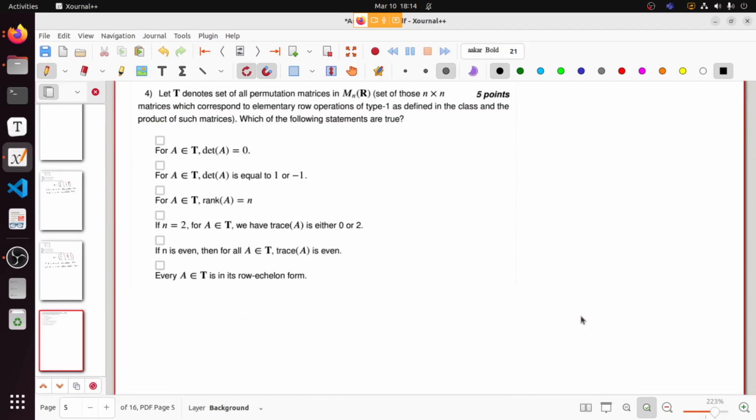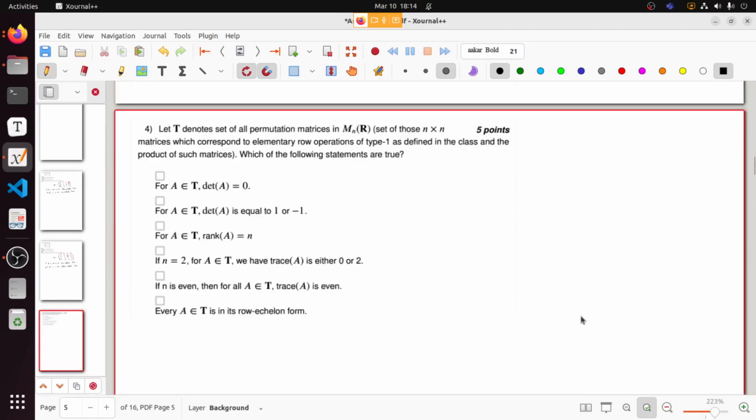Okay, question number 4. It is saying that T denotes the set of all permutation matrices in M_n(R). So what are the permutation matrices? These are the set of n cross n matrices which correspond to the elementary row operation of type 1. What are the type 1 elementary row operations? These were done in the class.